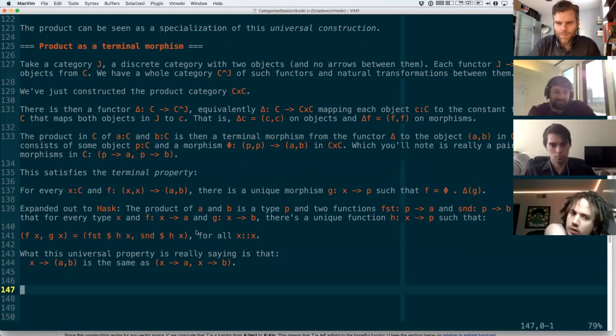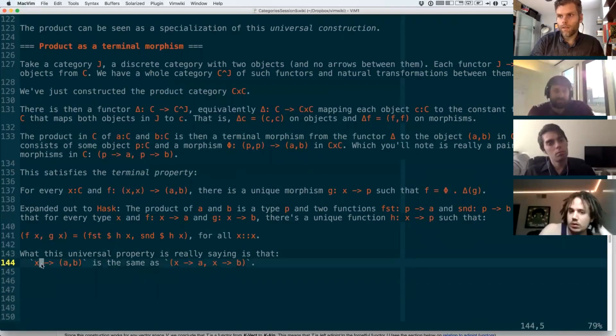Is that true in general? Is what true in general? That x goes to A to B is the same as x to A to x to B? I feel like that is not true in general. It is in general. It is true for all categories that have products. And exponents, right? Just arrows, right?